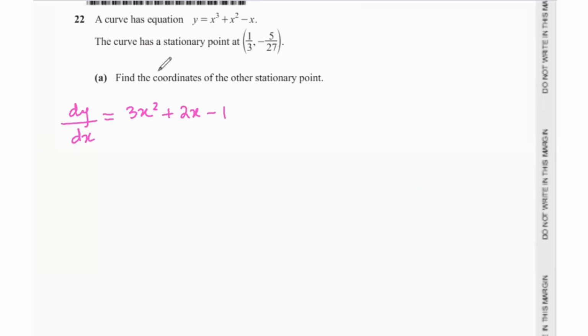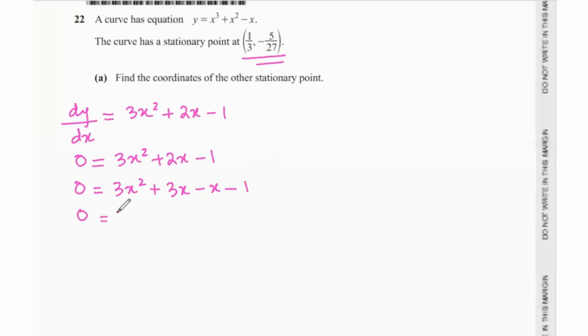Now they're saying one stationary point is this, find the other one. Put dy by dx equal to 0. Now we factorize this quadratic equation. We can do 3x squared plus 3x minus x minus 1.